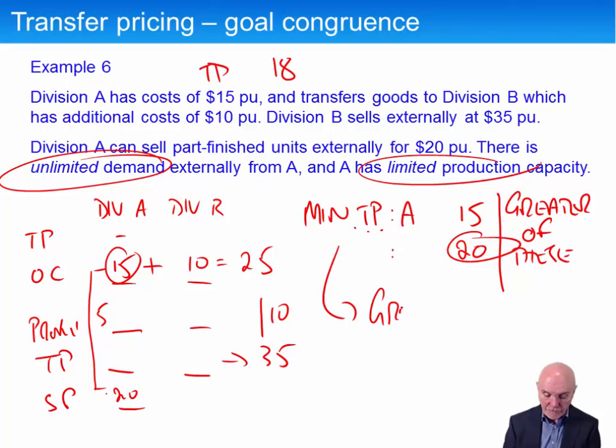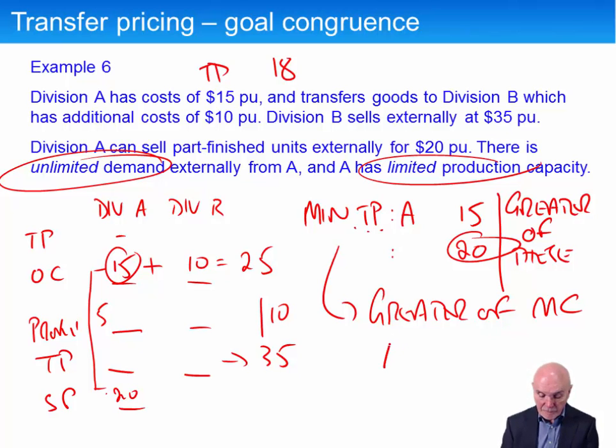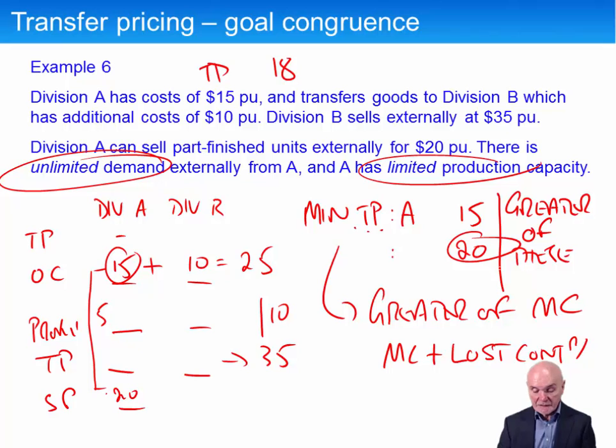It's a greater of the marginal cost, and really this 20, it's really the marginal cost plus the lost contribution from selling outside the group. So rather than saying greater of 15 and 20, we really say it's the marginal cost plus the lost contribution we were getting from selling outside the group.